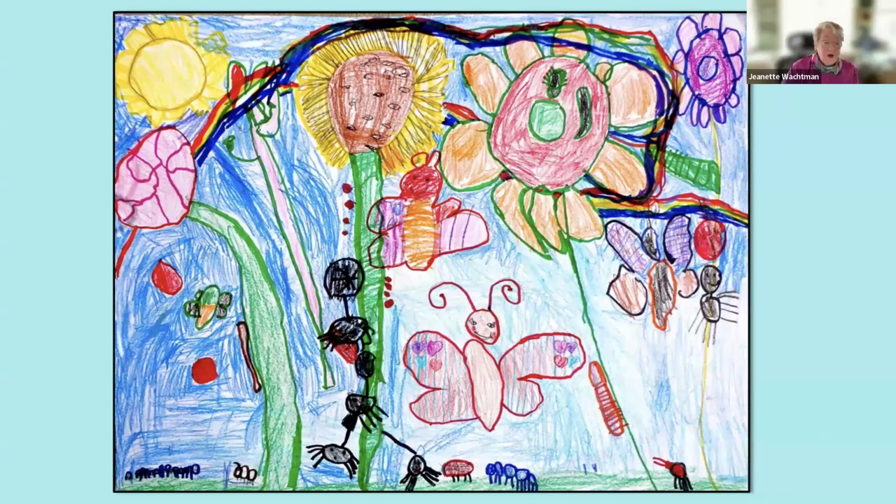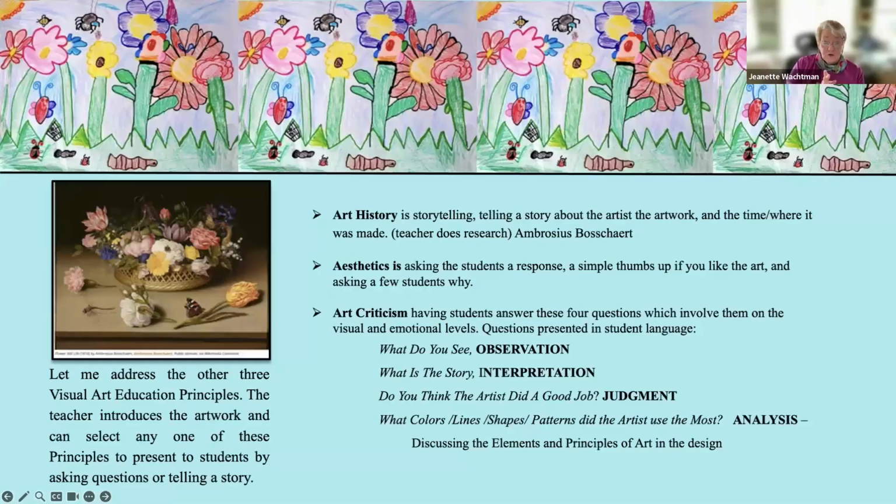Now, I've talked about the 4 art principles. Let me address how these are used. When you introduce the work of art at the beginning of the class, you can use art history, and you can use it for the younger grades in storytelling.